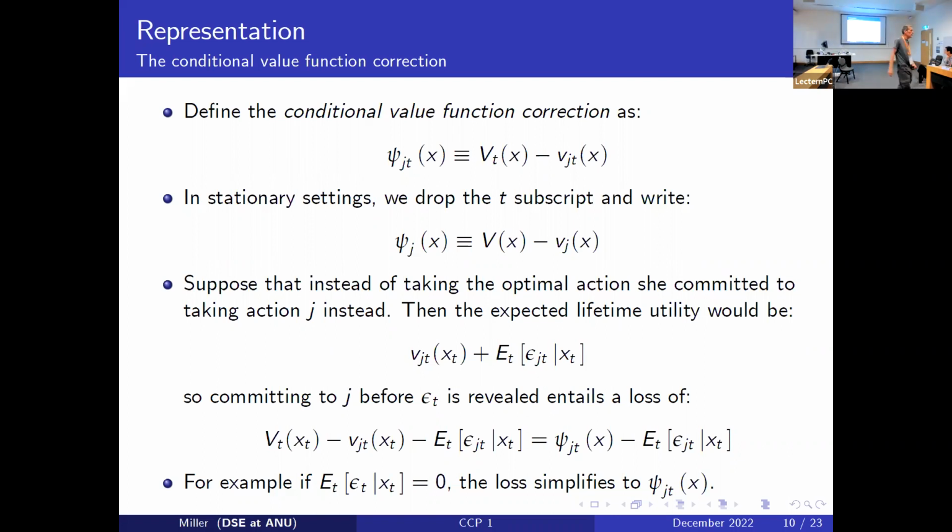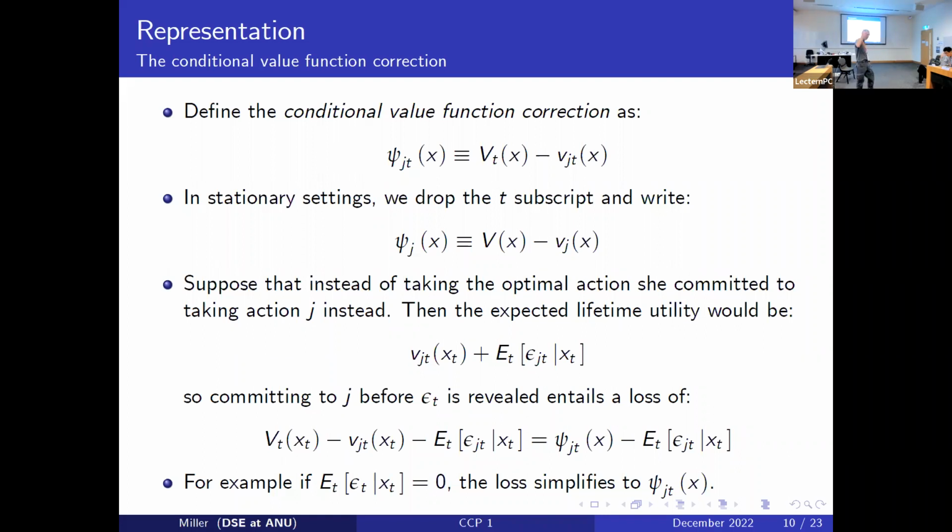It's expected lifetime utility would be, if you committed to action j straight off. Suppose before you see the epsilon j's, you think, okay, I'm going to take action j. That's clearly not optimal, but we're just talking model talk here for a minute. What would be your expected utility then? Well, it'd obviously be the conditional valuation function plus the unconditional expectation of the epsilon j. There it is.